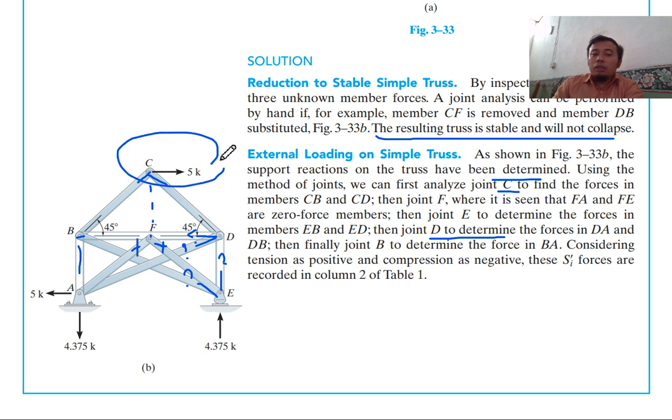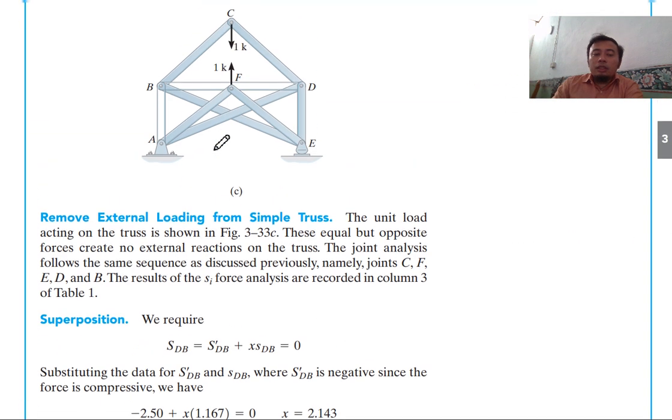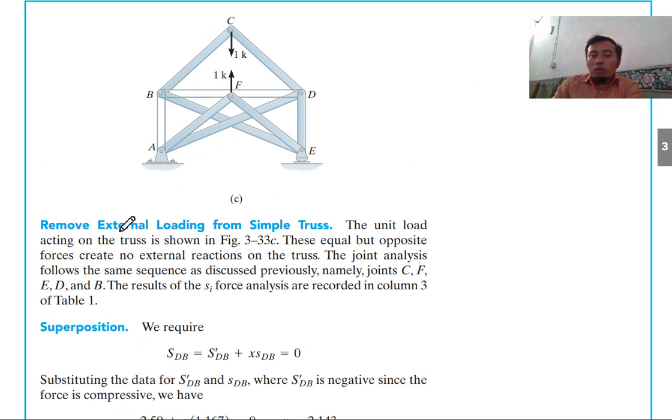So what you want to do next is remove the loading, remove the 5 kilonewton here. Then you put a unit load acting on the truss as in this figure. So these are equal but opposite forces, so they create no external reactions on the truss. The joint analysis follows the same sequence as discussed previously.